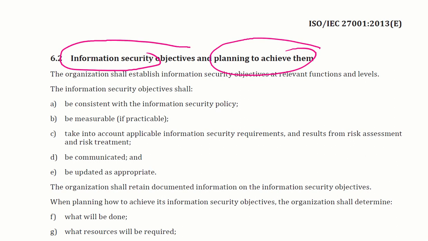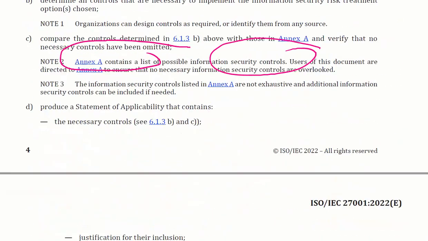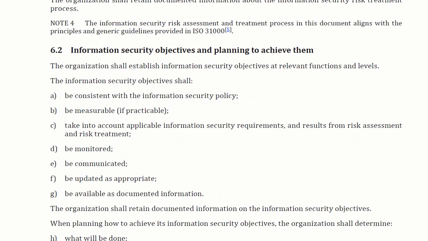They have added two more things to clause 6.2. Let's see the new standard. Point D: be monitored, and available as documented information.